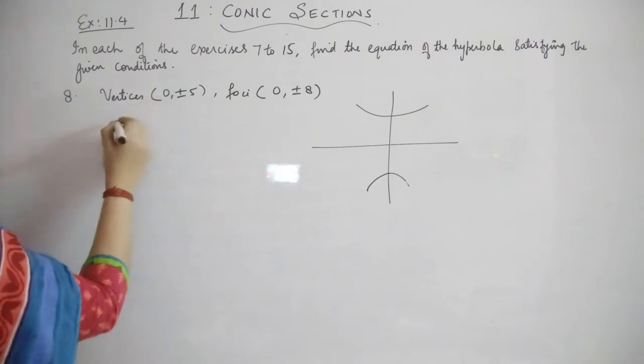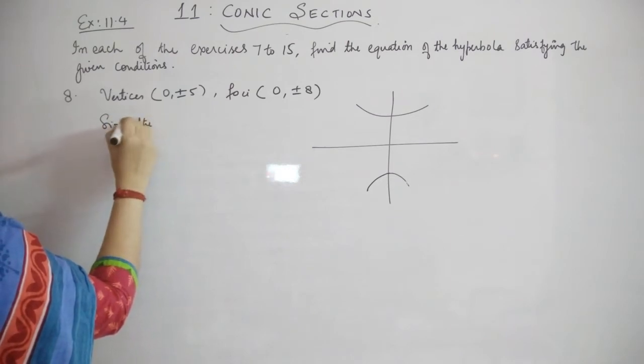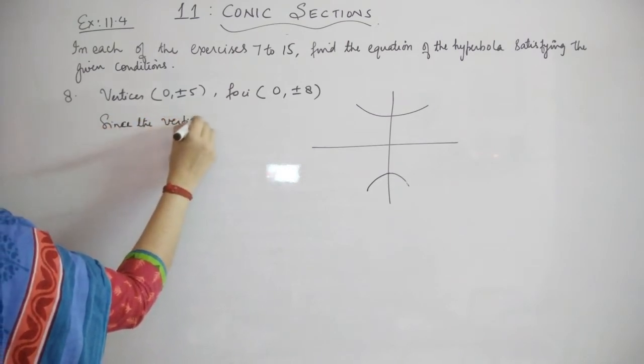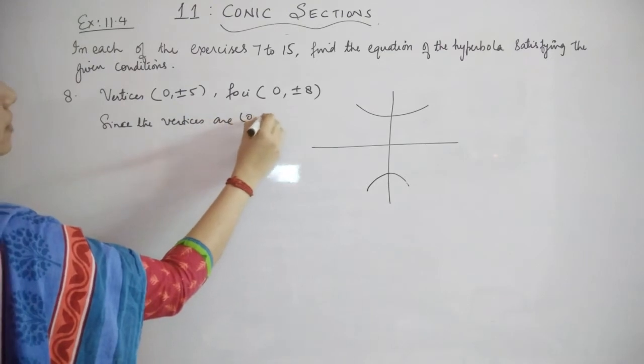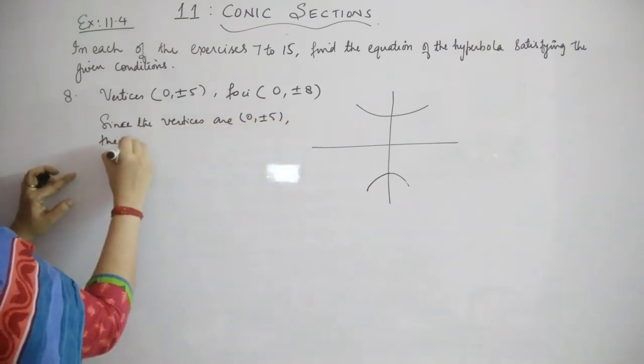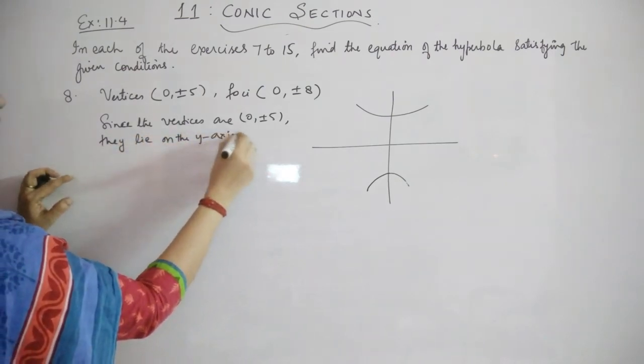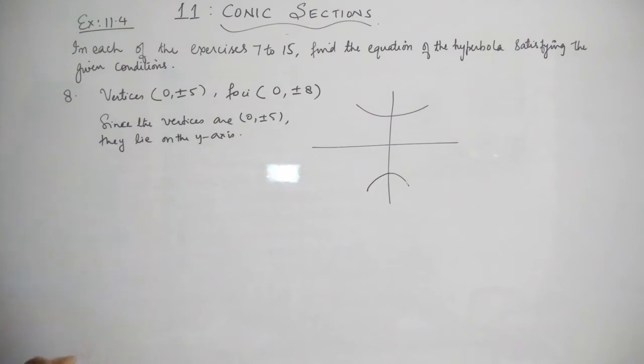Since the vertices are 0, plus or minus 5, they lie on the y-axis, or you can say the transverse axis will be the y-axis.